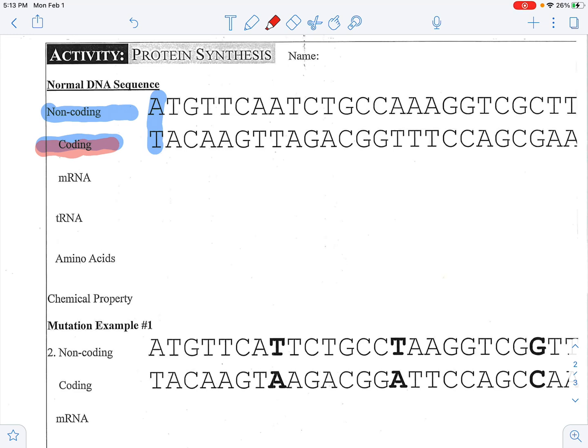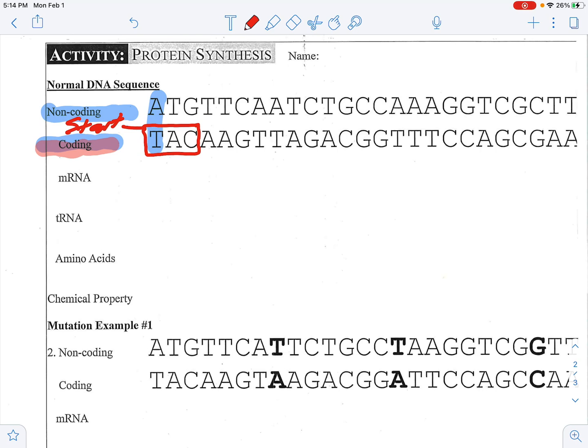All right, so go ahead and do this on yours. If we look at the coding side, we have this TAC sequence. That is the start code. So I think about a chromosome and genes kind of like a paragraph and sentences. A paragraph is made up of smaller segments that we call sentences. Similarly, a chromosome is also made up of smaller segments that we call genes.